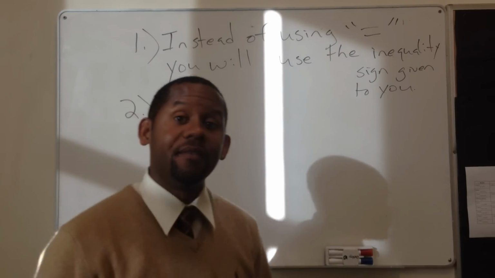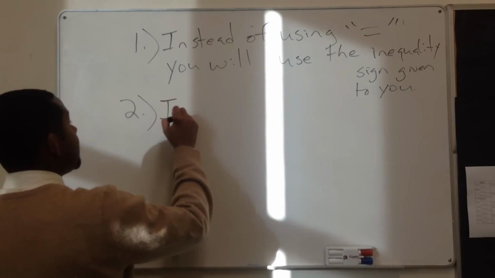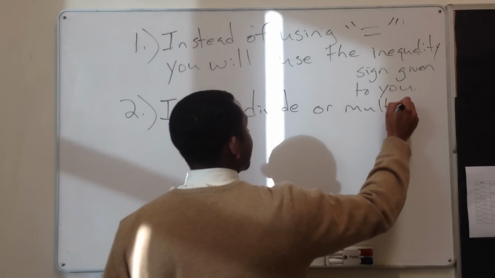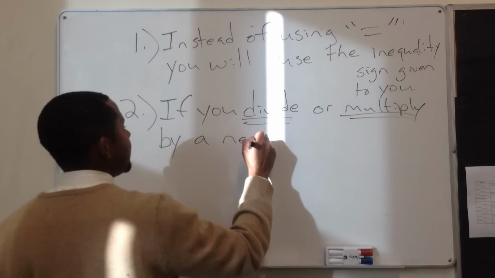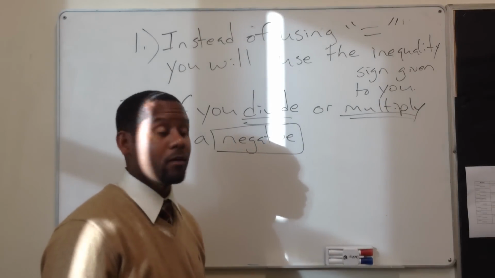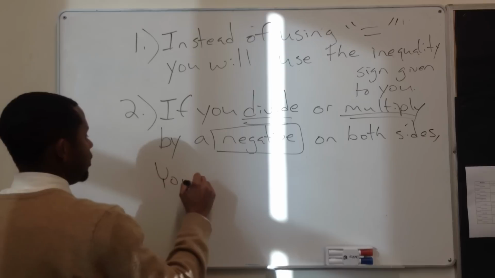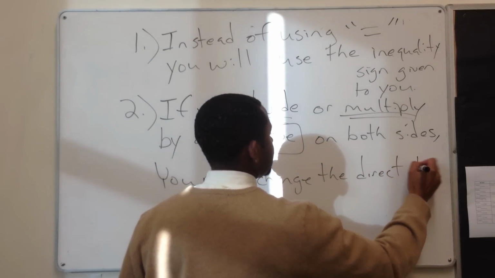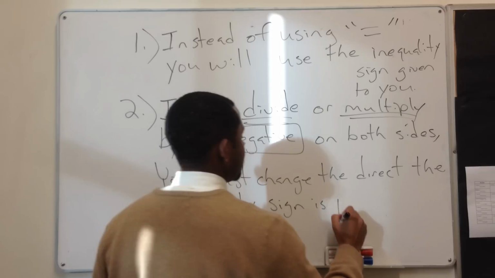The other main difference, and this is the part that's been getting many of you: if you divide or multiply by a negative on both sides, you must change the direction the inequality sign is pointing.